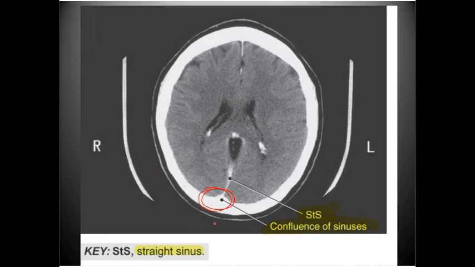This area here will be the confluence of the sinuses, and you have the straight sinus feeding into it here. But additionally, you have the calcified choroid plexus, calcified pineal gland. This is probably going to be the fourth ventricle, falx cerebri. Looking at the occipital horns of the lateral ventricle.